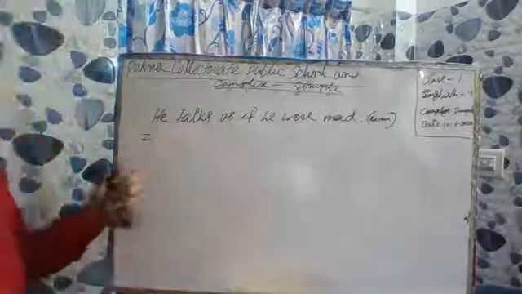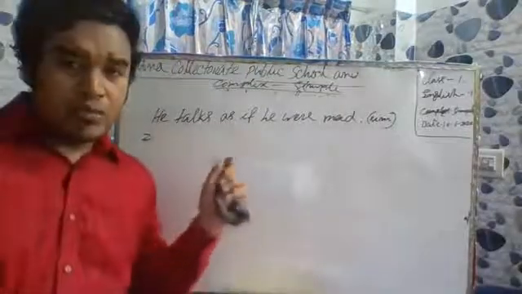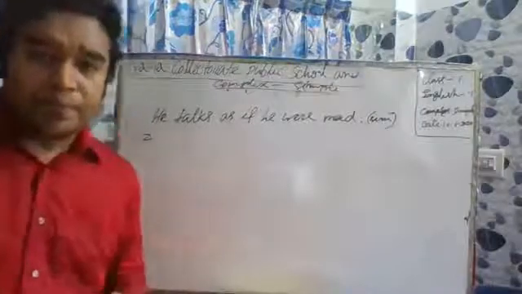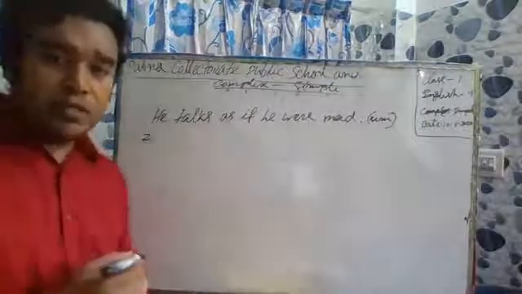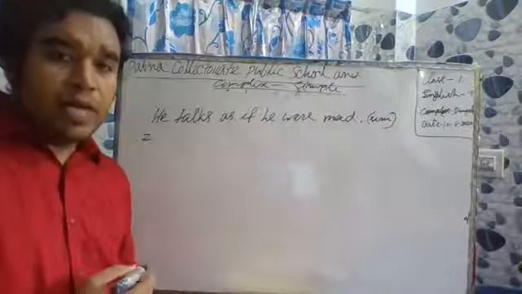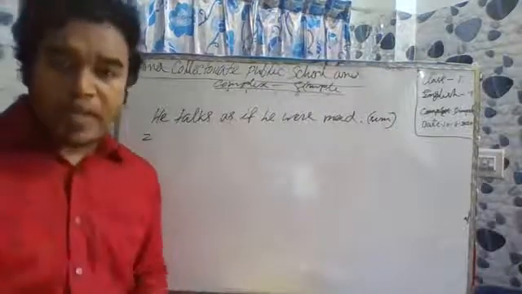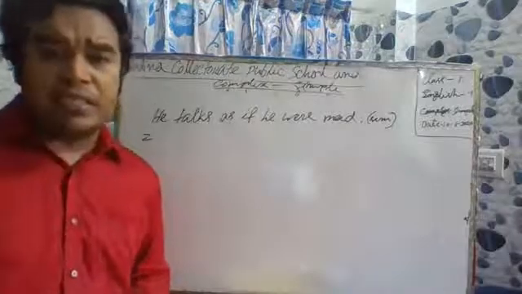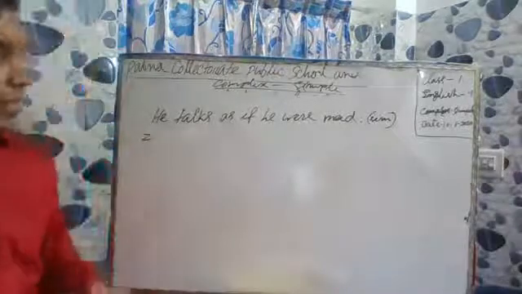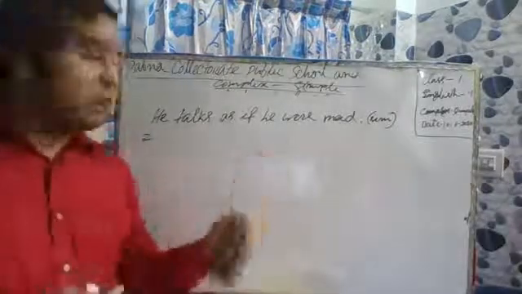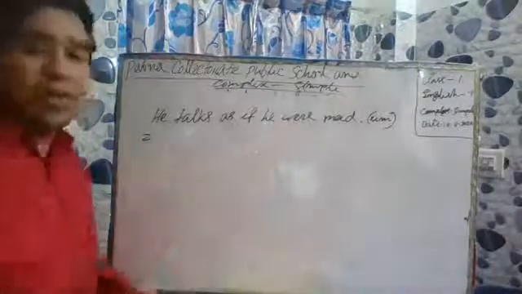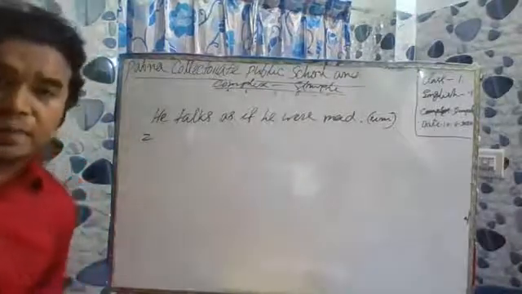As we know, after as if we should use were instead of was, because this is an imagination. He is not mad, but you are just imagining that he is a madman. That's why we have used were here. What will be the simple form? Can you guess?